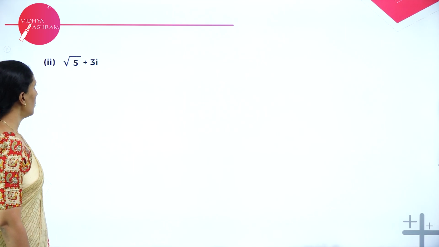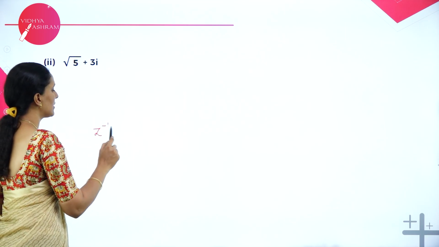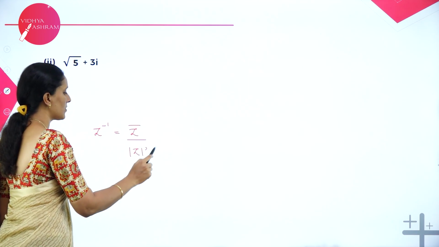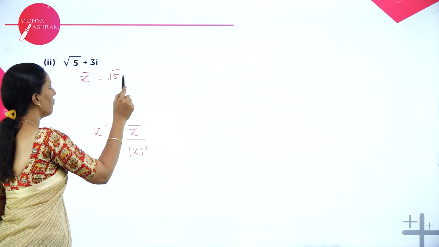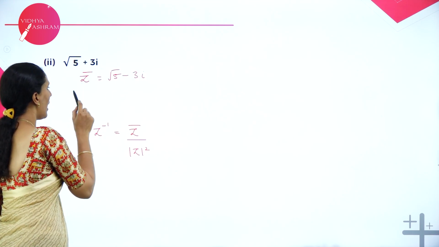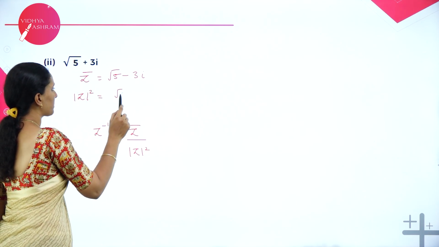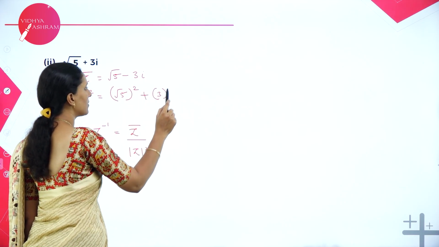Next, root 5 plus 3i. Again, z inverse can be taken as conjugate of z by modulus z square. So conjugate here is root 5 minus 3i, and mod z square becomes a square, that is root 5 square, plus b square, that is 3 square.